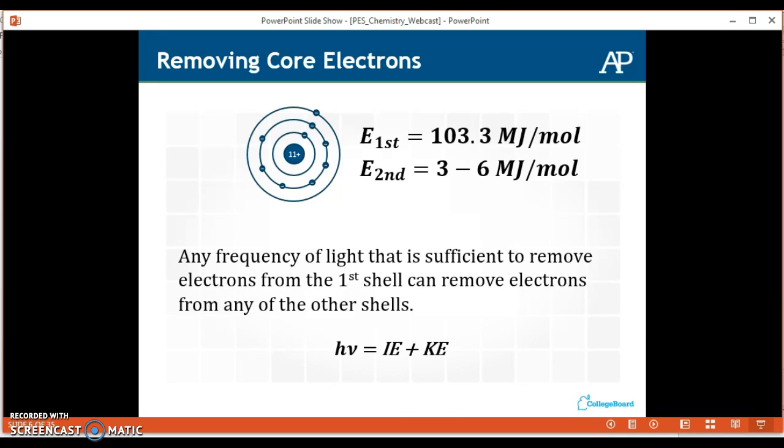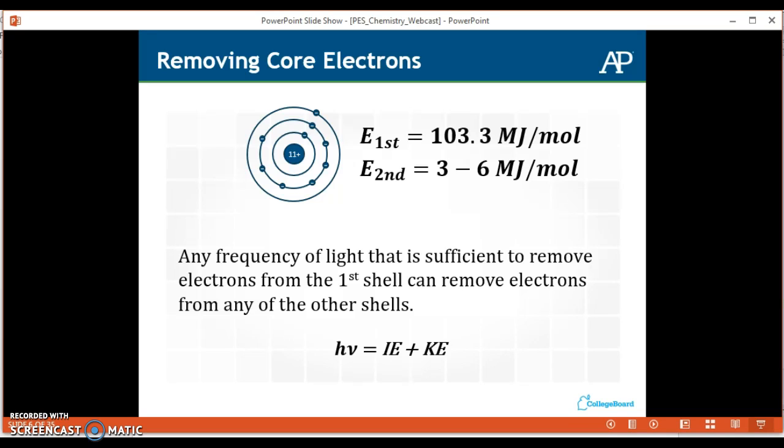This last equation on this slide is important for PES, because whatever energy we provide to the sample of matter, which is h times nu, is going to be equal to not only the ionization energy that is required to remove the electron, but also the kinetic energy of those electrons once they have been removed, by that idea of the photoelectric effect.